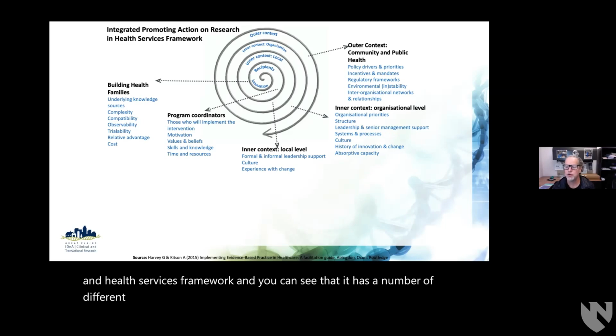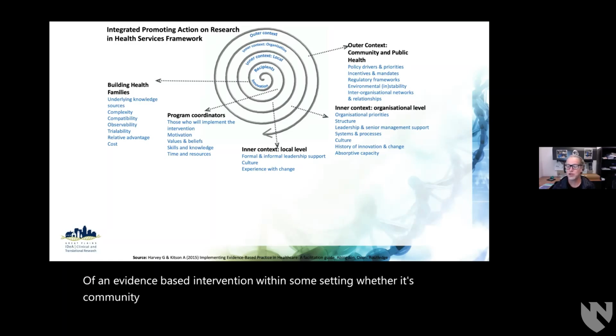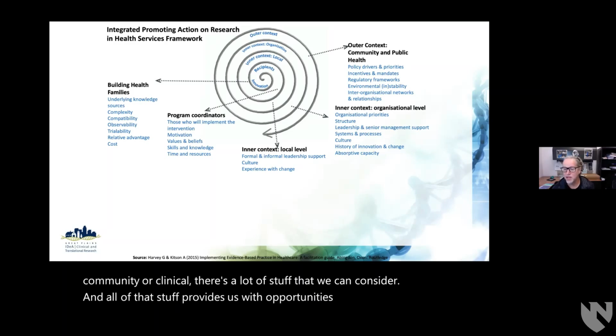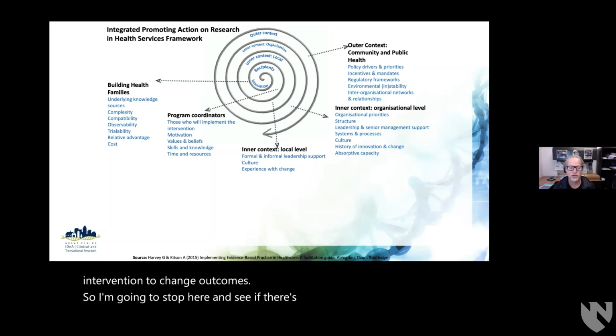If we're trying to intervene to change the uptake of an evidence-based intervention within some setting, whether it's community or clinical, there's a lot of stuff that we can consider. And all of that provides us with opportunities for mapping intervention to change outcomes. So I'm going to stop here and see if there's any questions, comments, or smart remarks.